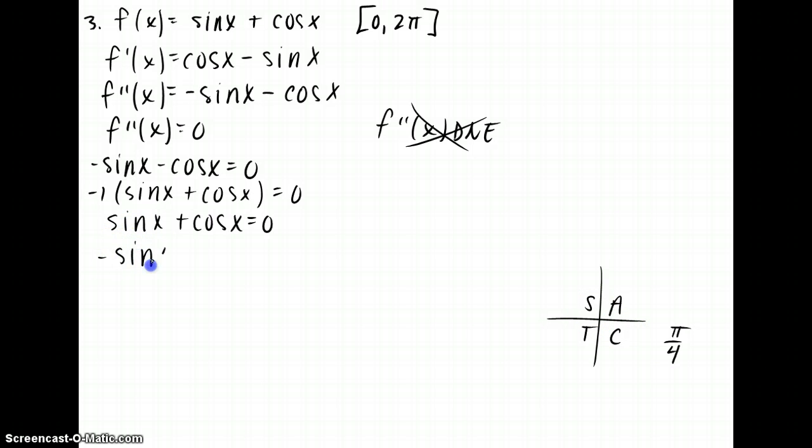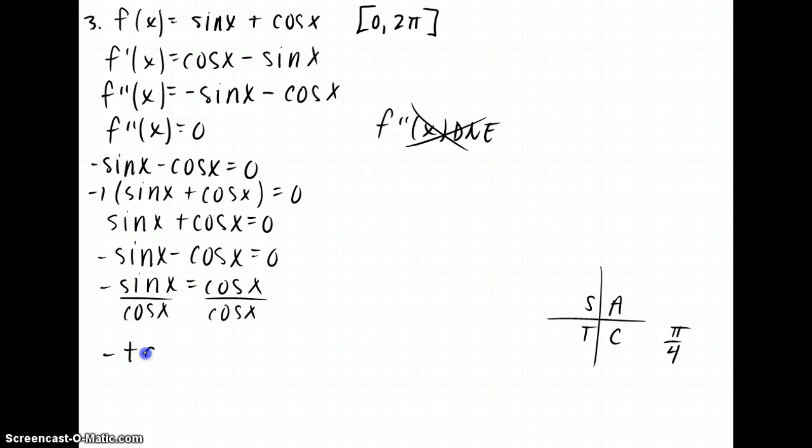Going back to the original, if we add cosine to both sides and then divide again by cosine of x, you get negative tan x equals 1, and then dividing by negative 1, you get tan x equals negative 1.